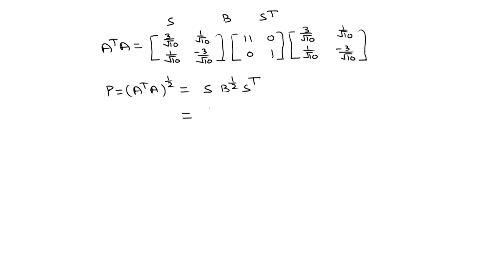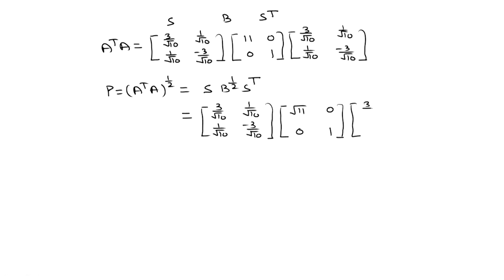So, S transpose, it will be 3 upon root 10, 1 upon root 10, 1 upon root 10, minus 3 upon root 10, into B raised to power half, so square root 11, 0, 0, square root of 1 which is 1, into S transpose, which is 3 upon root 10, 1 upon root 10, 1 upon root 10 and minus 3 upon root 10. So, this is my matrix P.